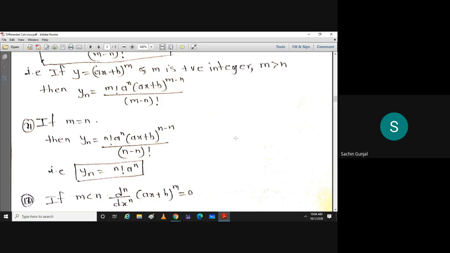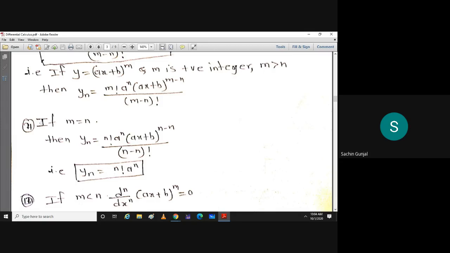My function is y is equal to 2x plus 3 raised to 5, and you are finding its fifth derivative. So 32 into 5 factorial, that is 2 raised to 5 into 5 factorial. So in general, it is a raised to n into n factorial.